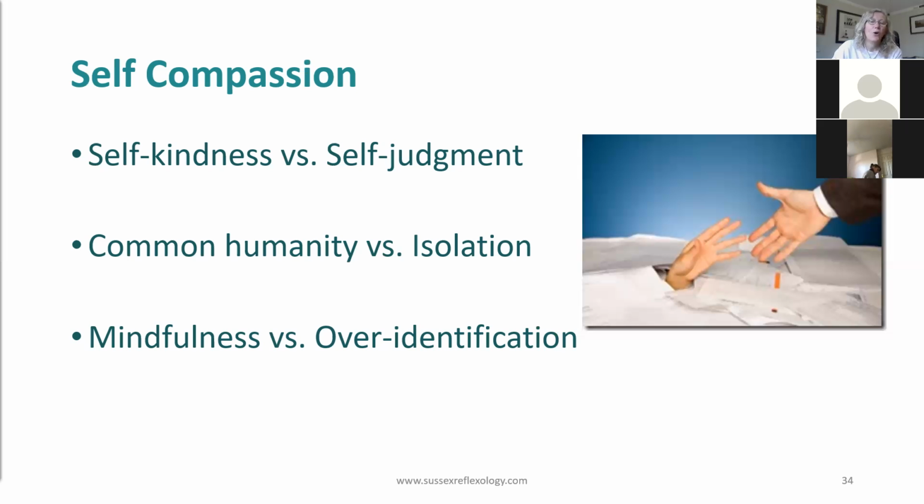Common humanity involves recognizing that part of being human is that we're all imperfect, and that I'm not the only person who's having a hard time, that there are other people out there also having a hard time.